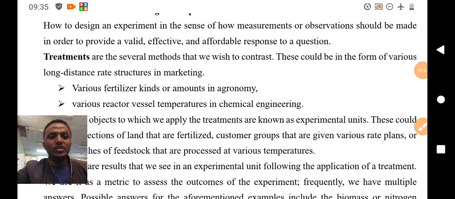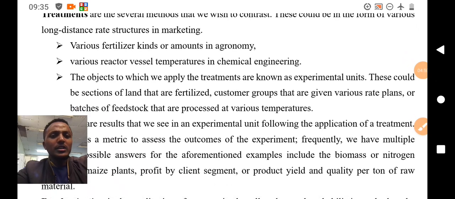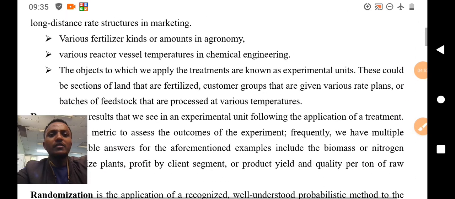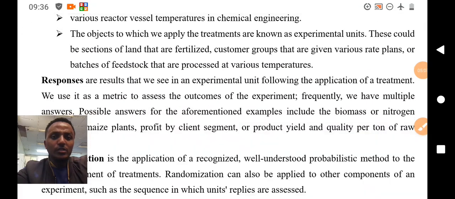This could be in the form of various structures. For example, in agricultural fields, they may be fertilizer kinds, maybe NPS, and other kinds are also there. Such kinds or amounts are known as treatments that the experimenter can contrast.